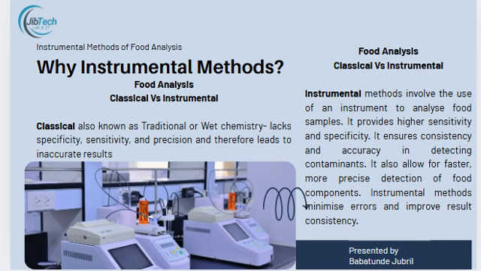So instrumental methods are more sensitive, they are more accurate, and of course they are faster. Yes, when you use an instrument to analyze a food sample, it's faster than using chemical method. And so instrumental methods are faster, accurate, more sensitive, all right, and they minimize error.